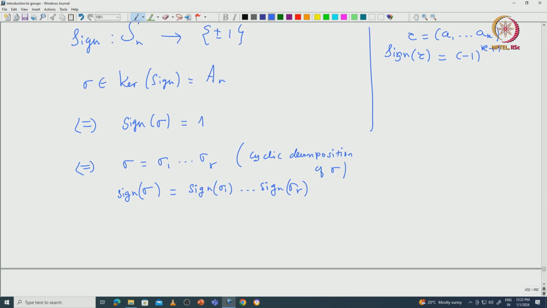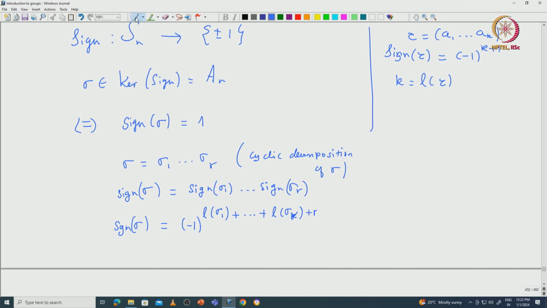So in particular the sign of sigma is going to be (-1) to the power of the length of the cycle sigma_1, where k is called the length of tau, plus etc. plus the length of sigma_r, plus r.